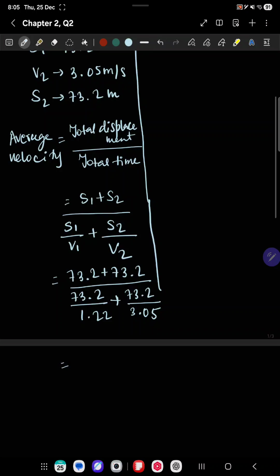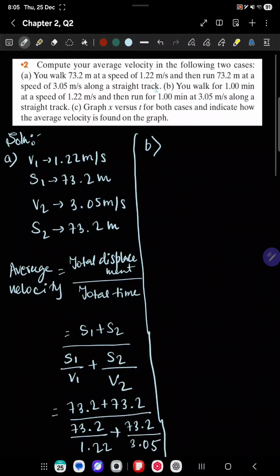So after solving this we will get the average velocity as 1.74 meter per second. So this part will give us the velocity 1.74 meter per second.